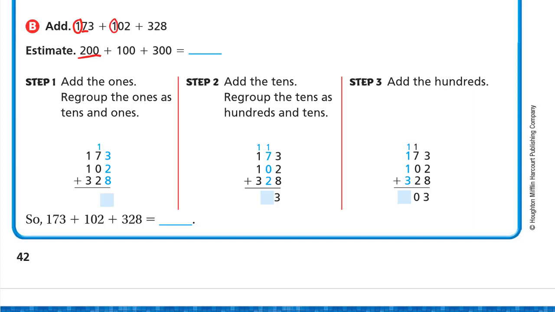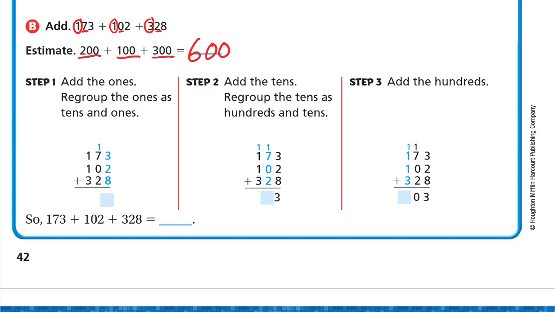To the right of the 1 we have 0, which is weak, so we keep the 100. To the right of the 3 we have 2, which is weak, so the 300 we keep it 300. If we add 200 plus 100, it's 300. 300 plus 300 is 600.